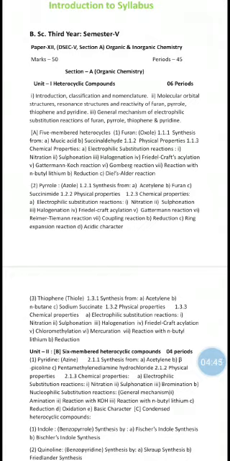All these compounds are known as heterocyclic compounds. Now see, in the 5-membered heterocyclic compounds, we are going to study furan, pyrrole and thiophene. All these three compounds are very important in the field of medicine.